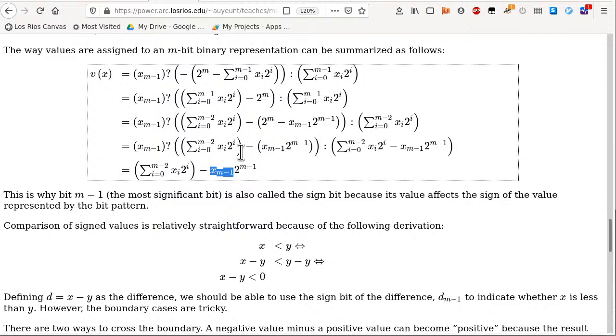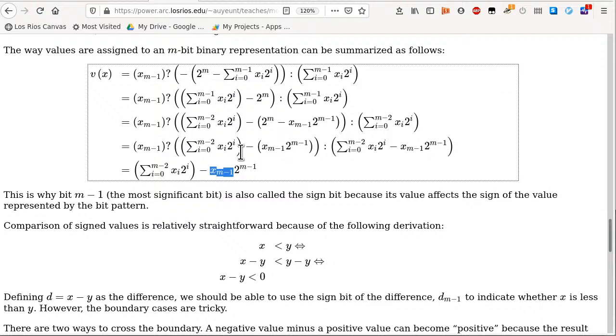That is also why bit m minus 1, where m is the number of bits in the bit pattern, is known as the sign bit. It is also known as the most significant bit, but when we look at it from the signed perspective, we normally call it the sign bit, but they are actually equivalent.